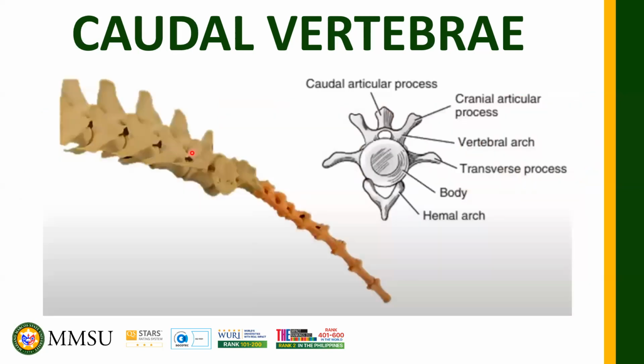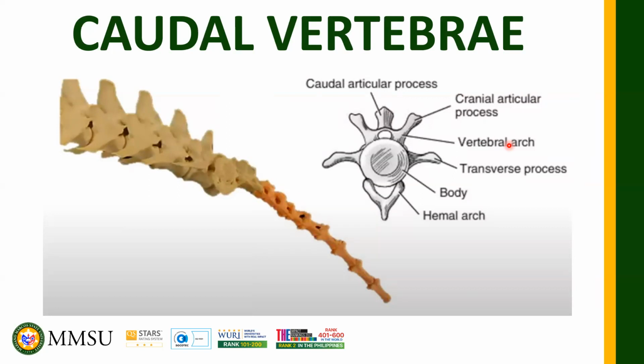Okay, then we have the caudal vertebrae. This is now known as the tail vertebrae, which is being found on the tail region of the vertebral column in animals natin. So ano lang naman ang pinaka-function lang naman ng caudal vertebrae is for articulation between the caudal articular process and then the cranial articular process, which usually allows flexibility and coordination in tail movement.